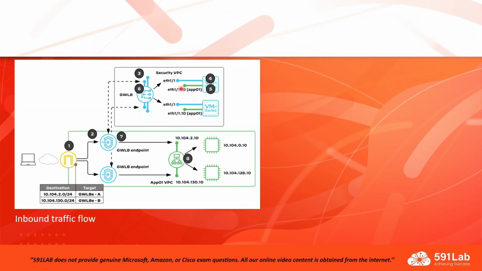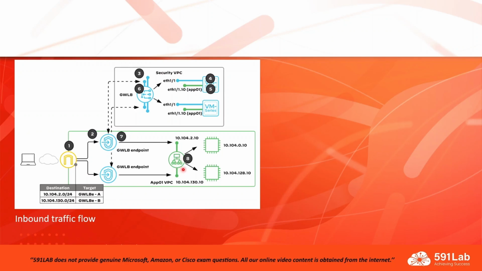On the VM-Series firewall, the traffic will be inspected and enforced by the policy that we configured, and then the traffic will be returned to the GWLB and back to the GWLB endpoint. That will route the traffic to the application node as desired.